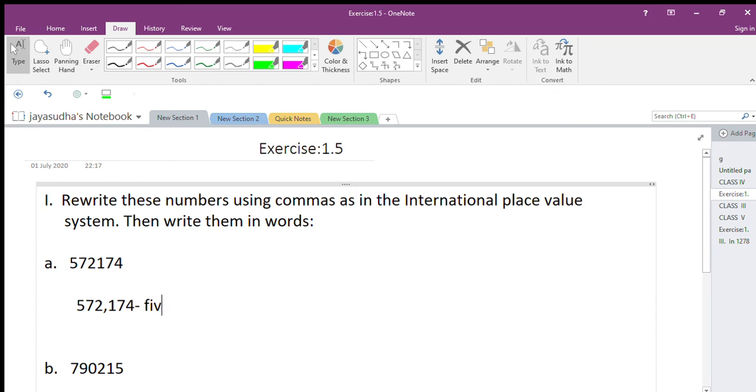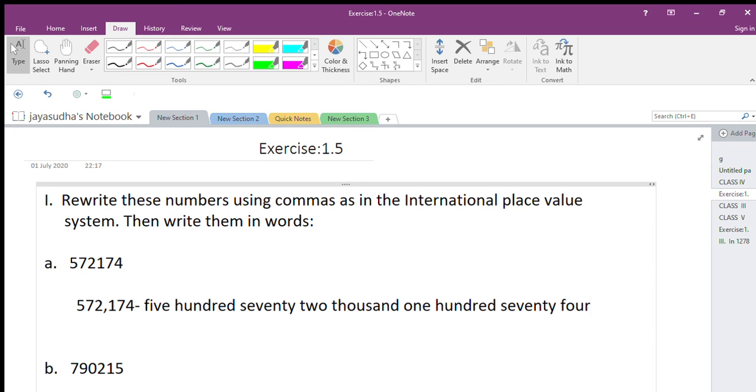So 572,000 and what is the next? 174. Okay children, how do you read this number? 572,174. This is your answer.